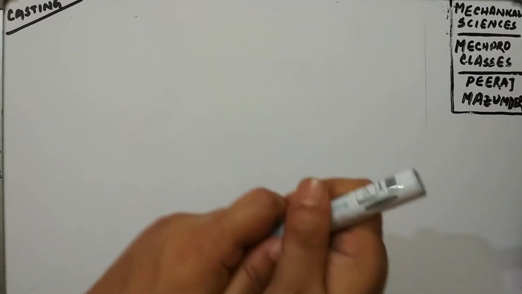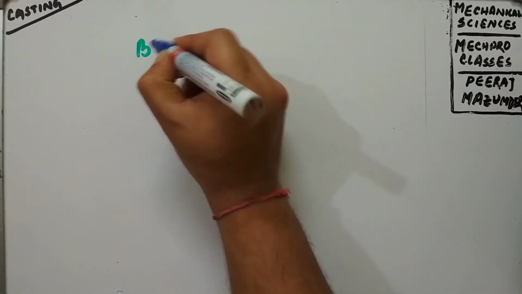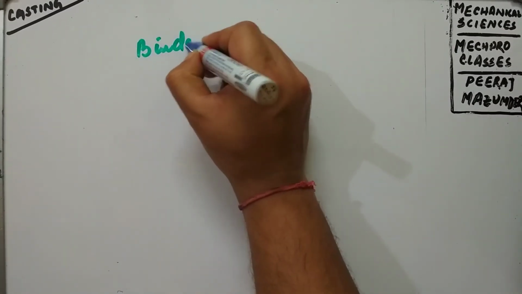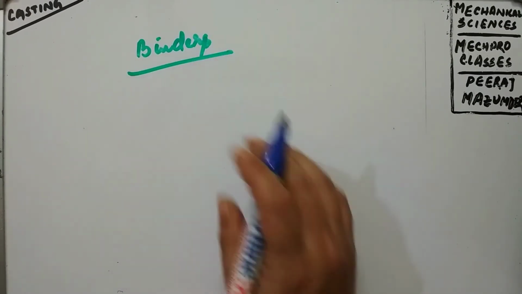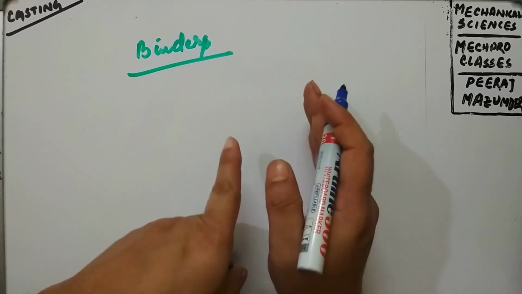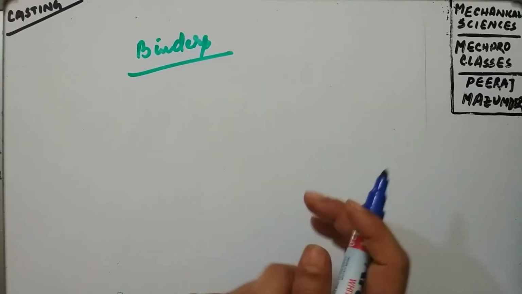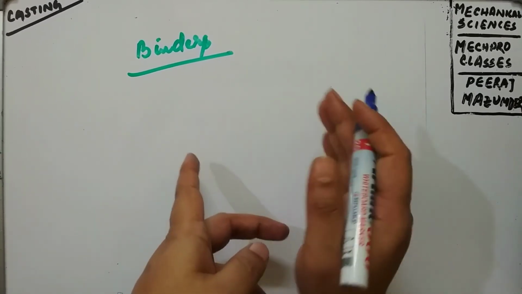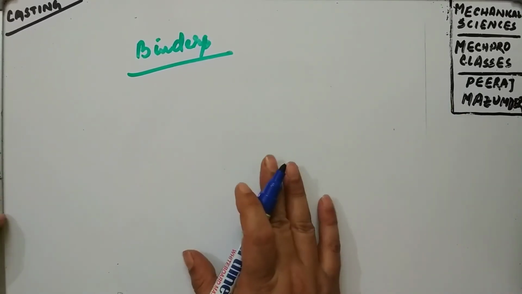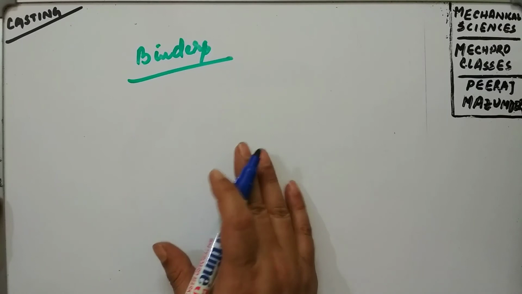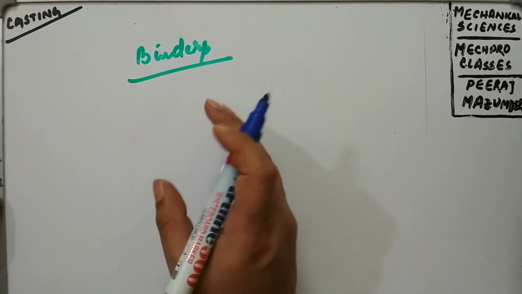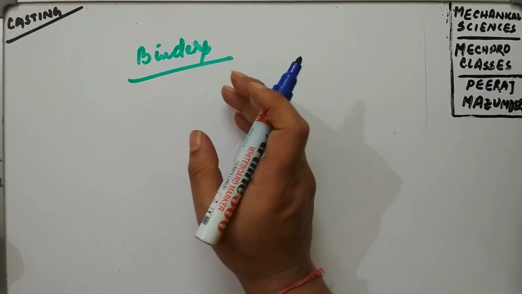One last thing I must tell you before ending this video session is binders. I already mentioned we add binders as well as additives to the molding sand besides the clay, sand and moisture. A binder is also very important, and it provides strength to the molding sand.